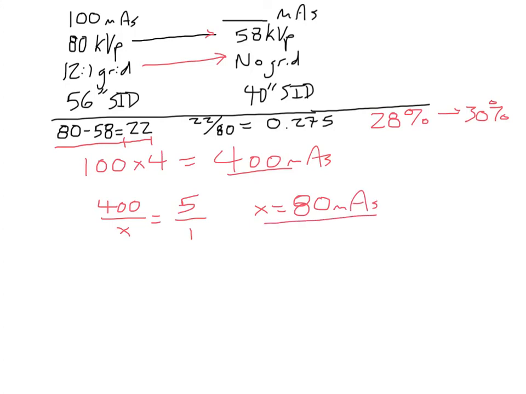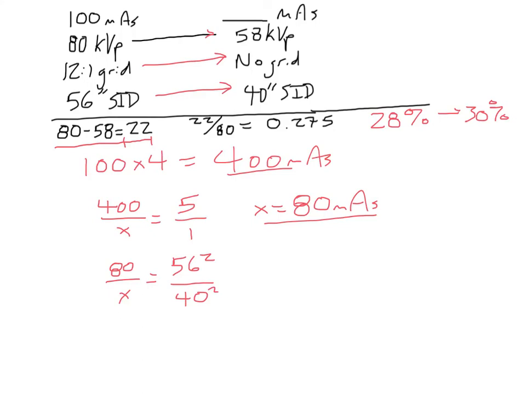Okay, now we're going to plug that into the square law, right? Because we have to account for this change here, right? So we're going to say 80 over x equals 56 squared, which was that initial one, over 40 squared, right?